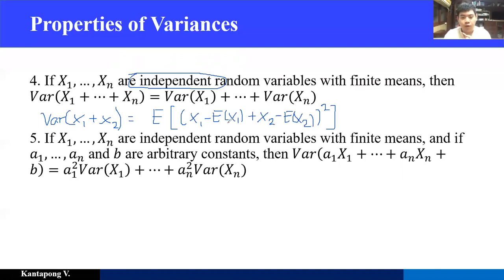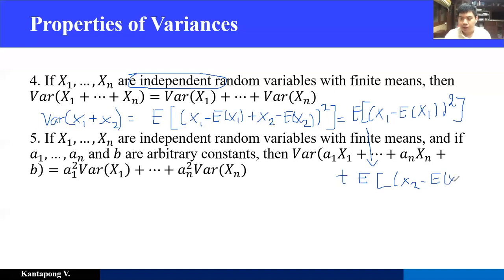We can distribute the square: (X1 - EX1) squared plus (X2 - EX2) squared, and plus 2 times (X1 - EX1)(X2 - EX2).